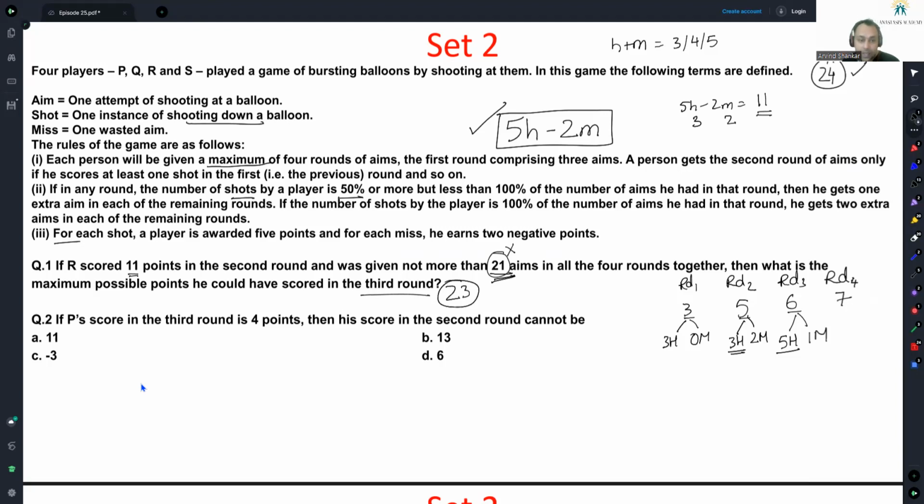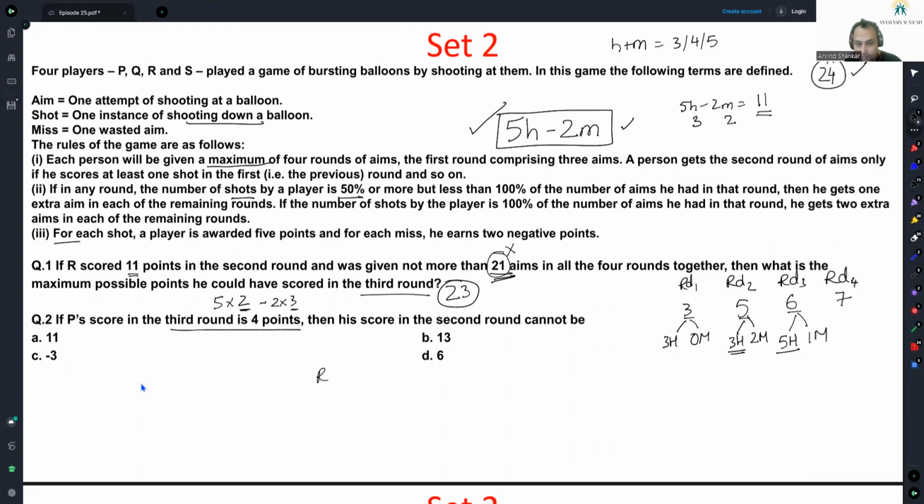Next question. If P's score in the third round is 4 points, okay. Now 4 points using 5H minus 2M is only possible if you have 5 into 2 minus 2 into 3. So there were 5 aims available in round 3.